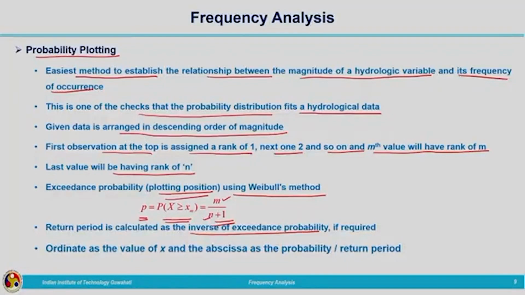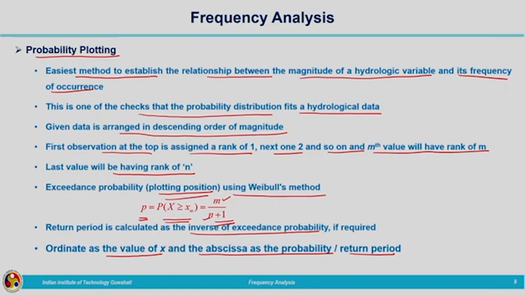How is this graph plotted? We have the return period or the probability along the x-axis and along the y-axis the data points. That is, the ordinate is taken as the value of x and the abscissa as the probability or return period. The ordinate is along the y-axis, and along the y-axis we will be plotting the random variable.